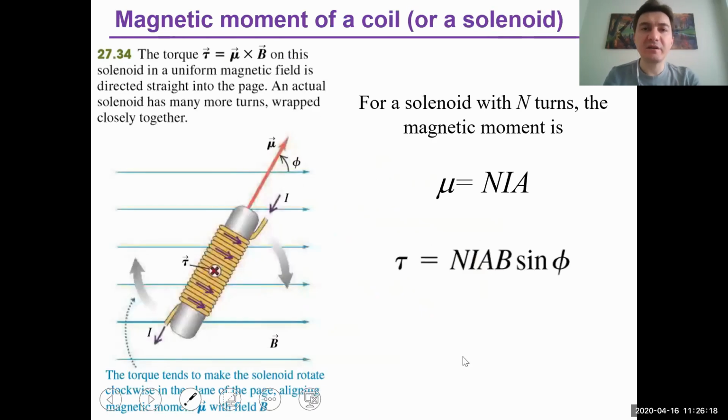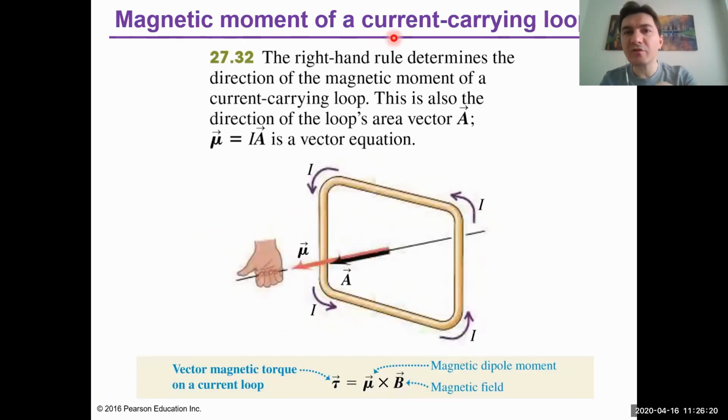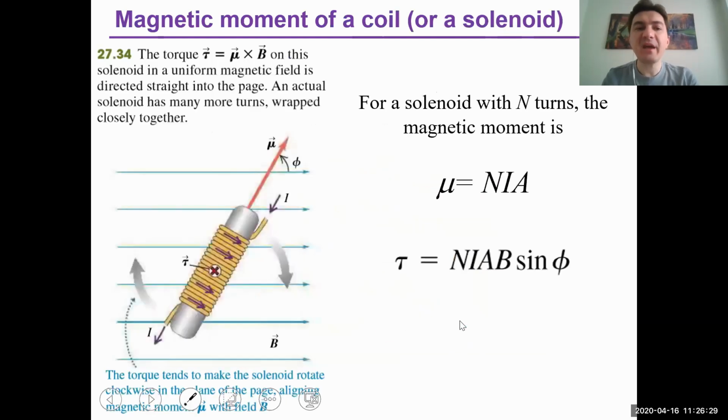So this was the magnetic moment of a current carrying loop. Here you see a closed circuit, but we have just one loop. If we have many loops like this, one loop here, another loop, another loop, then it is called a coil, in Turkish sarım, or a solenoid, made from many loops.